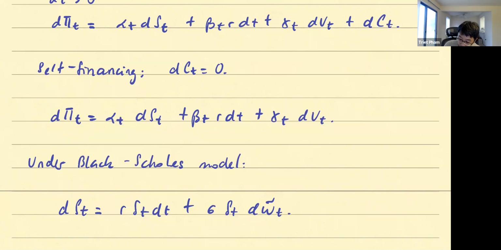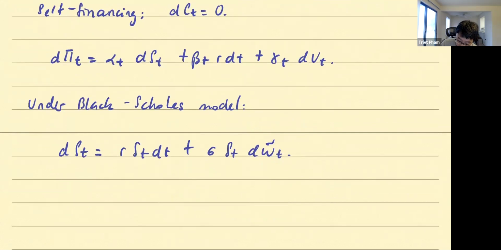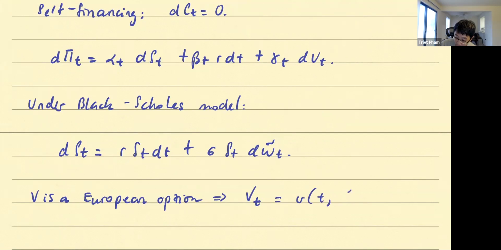Another thing is, what is the dynamics of the change in the value of the option? Remember, another point is this: if V is a European option, a big point in our class is that the value of the option at any time t will purely be determined by the time and the value of the stock at that moment.